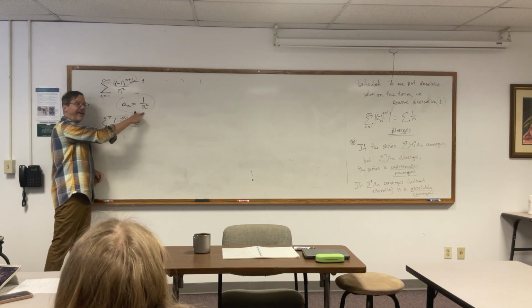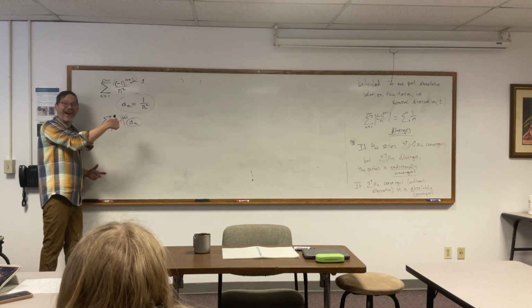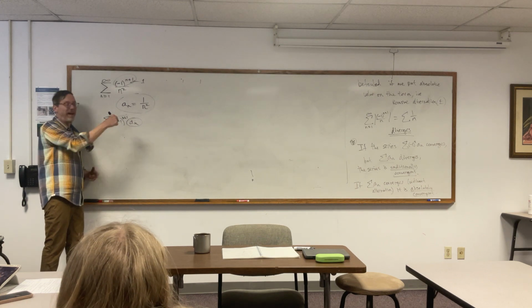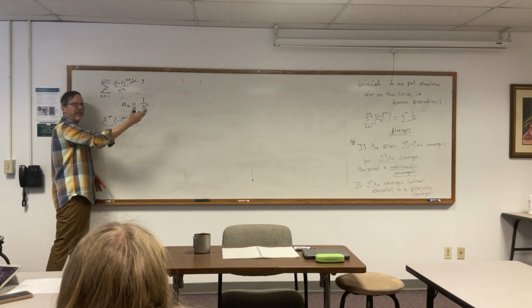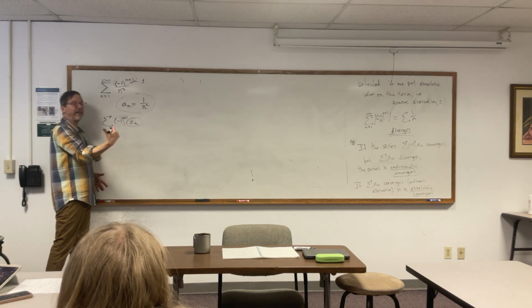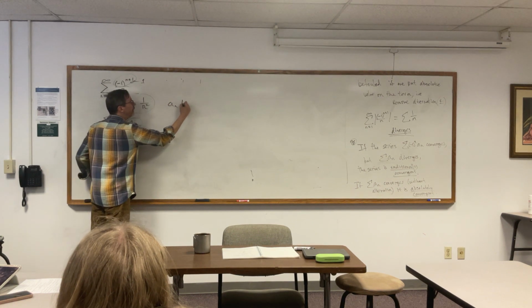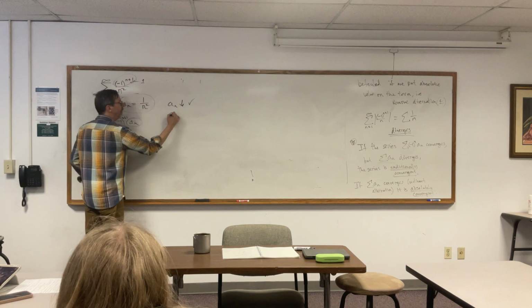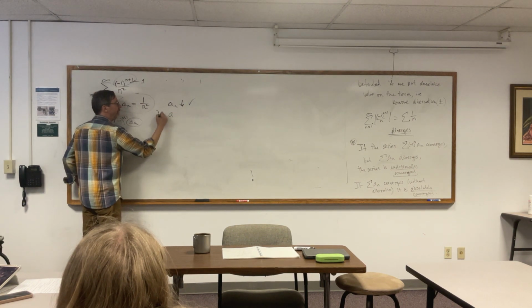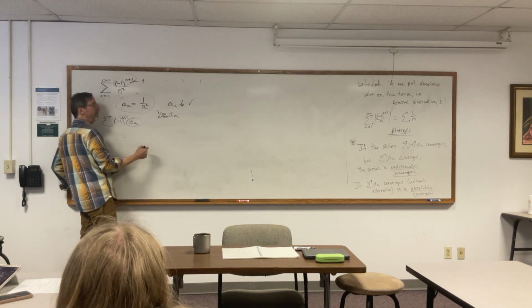Is this decreasing? Yes. You know it is, because I asked, right? But you can see that as the bottom gets bigger, this fraction gets smaller. If you plot the dots, they go down. So a sub n is decreasing. Check. What's the limit as n goes to infinity of a sub n? 0.